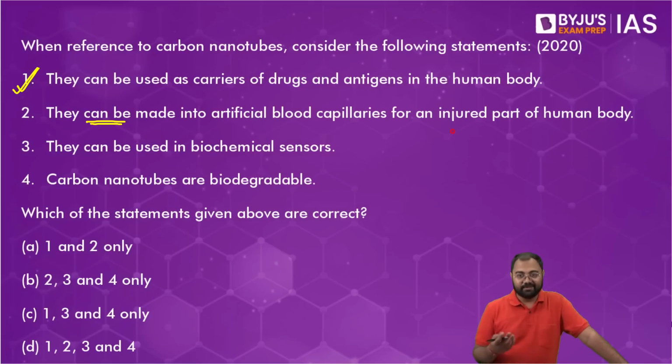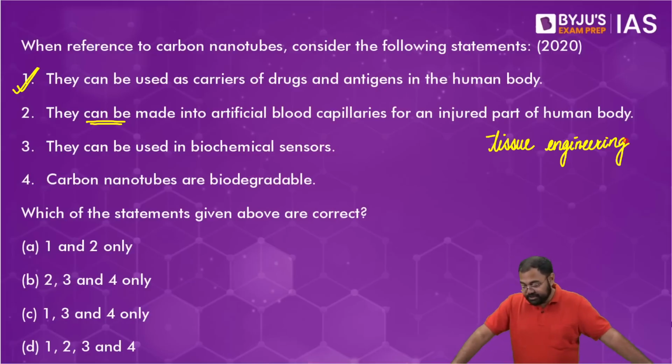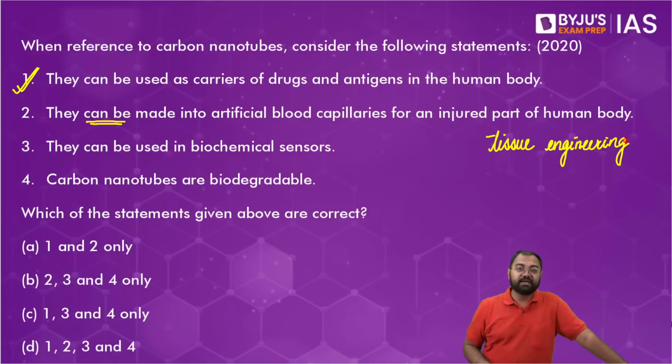We definitely can, right? So there, if you remember, we discussed something called tissue engineering in biotechnology. Yesterday we had discussed something called tissue engineering. Because in tissue engineering, we use biological material, but at the same time we actually are looking at nanomaterials as well, and nanomaterials can be very, very useful in making artificial body organs and tissues, etc. So there is active research going on right now.